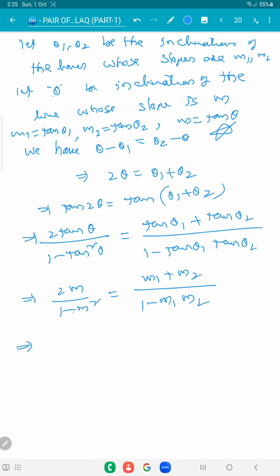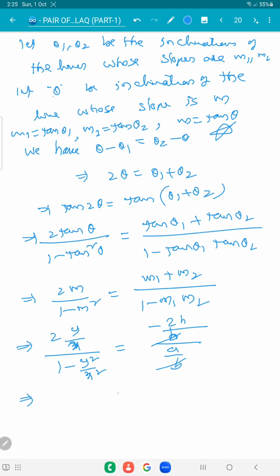Sir, what is m, sir? We discussed that already. M is y by x, so 2 y by x over 1 minus y square by x square. What is this one? m1 plus m2 is minus 2h by b, and m1 m2 is a by b, so b cancels.